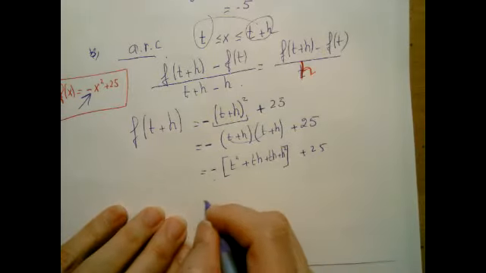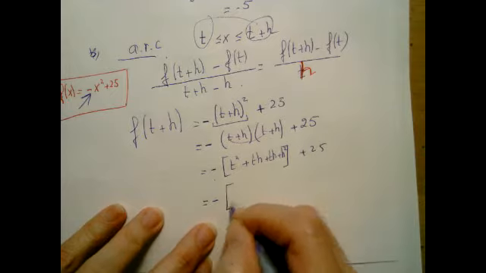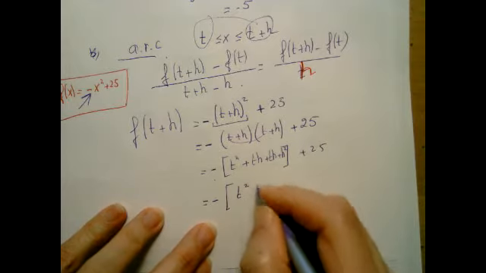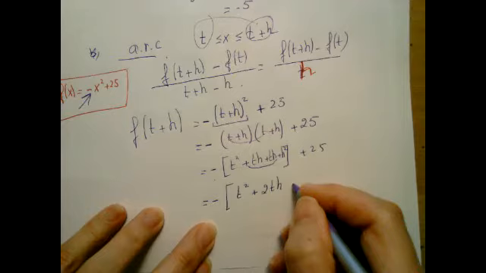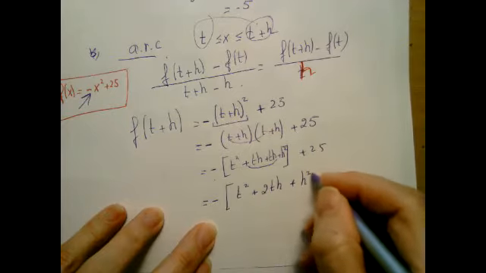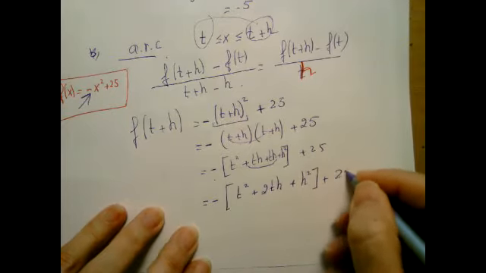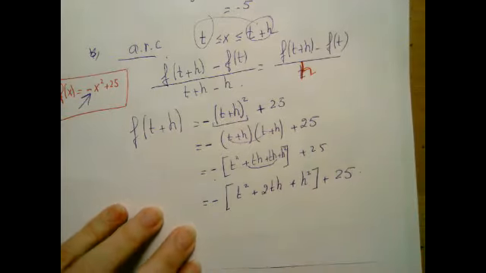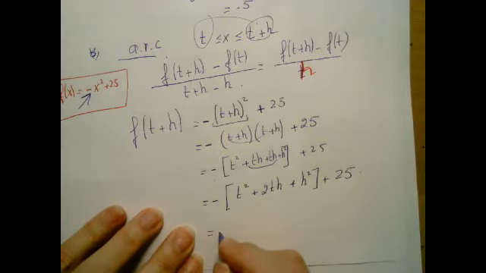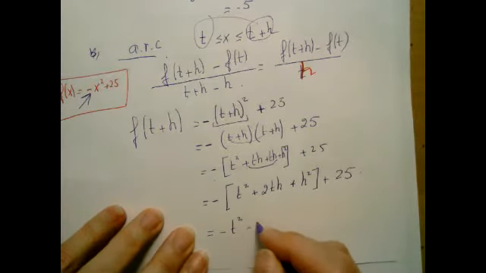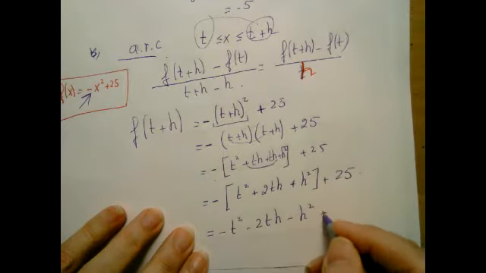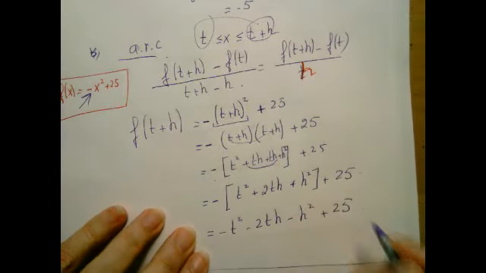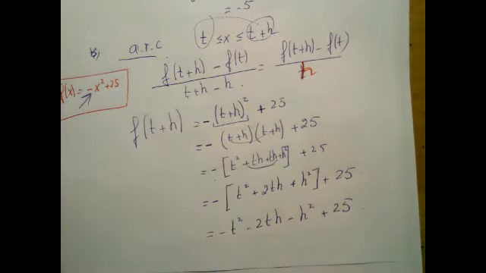Now I'm almost ready to start simplifying. This is going to give me t squared. Those two now could be combined into 2th plus h squared plus 25. Finally, I can distribute the minus. So it's keeping track with the minus that gave us difficulty. So that's f of t plus h by itself.